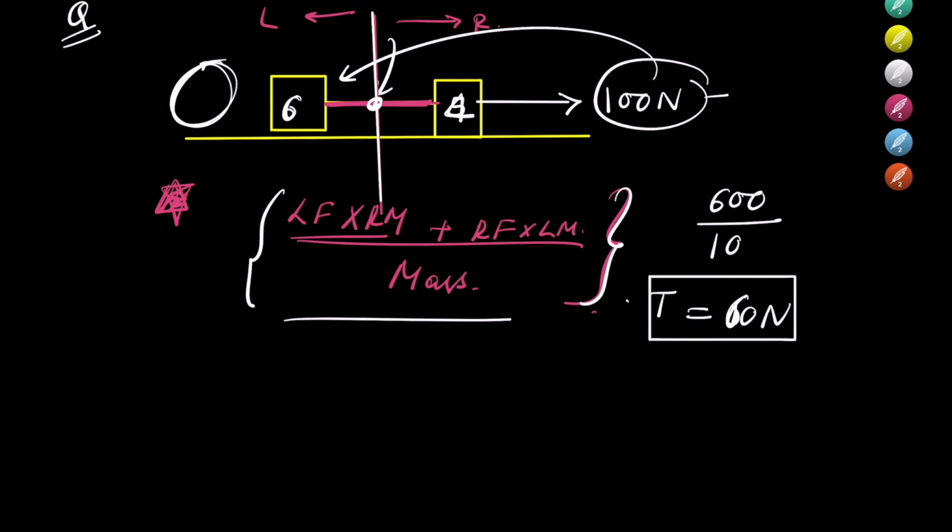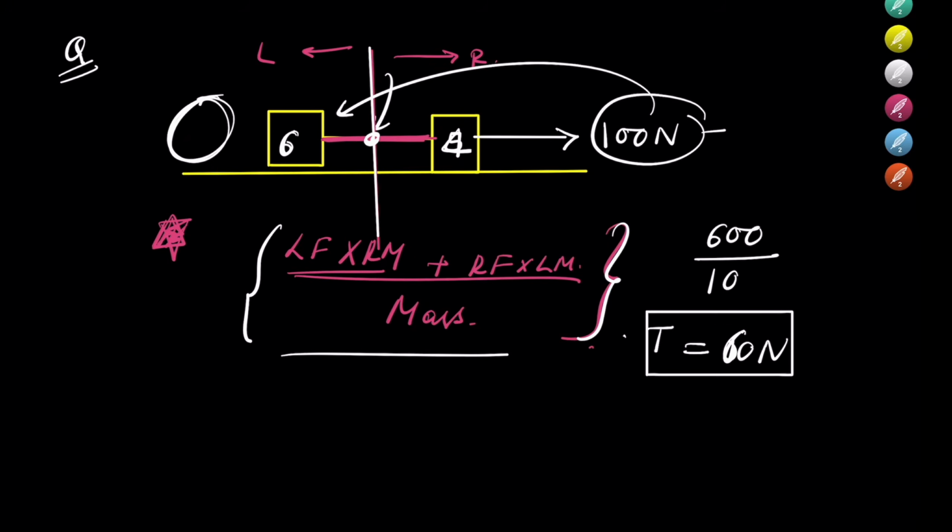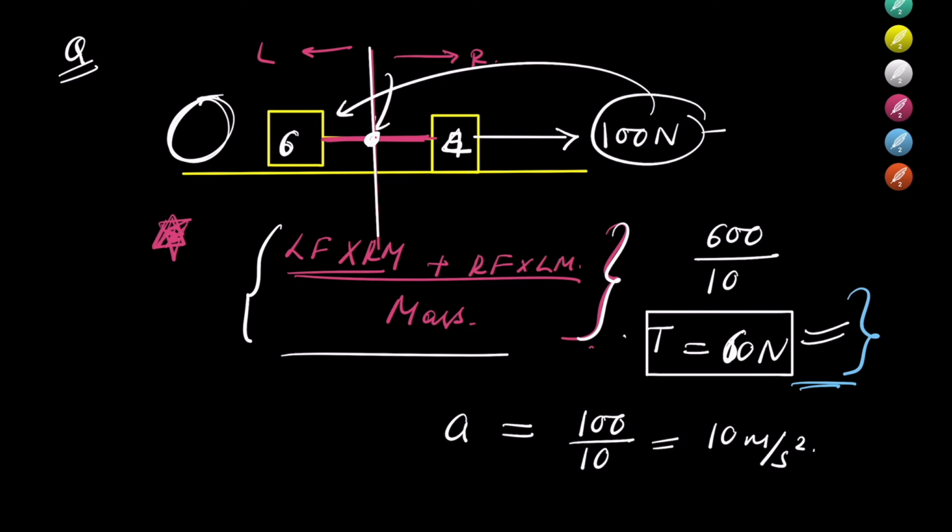If I want acceleration, acceleration is net force by net mass, so acceleration is 10 meter per second square. Now you can check whether this 60 Newton is coming or not.